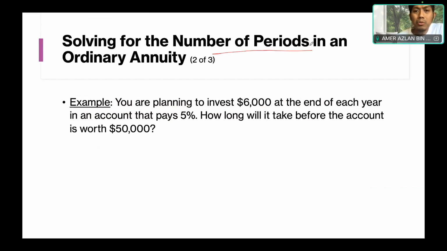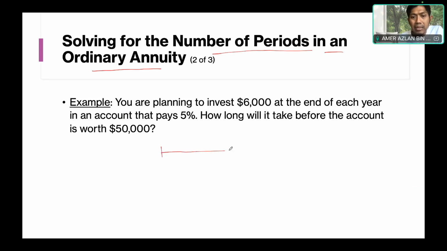Just now we talked about solving the I, the interest rate. Now we want to solve the N in an ordinary annuity. For example, you are planning to invest 6,000 at the end of each year in an account that pays 5%. How long will it take before the account is worth $50,000?